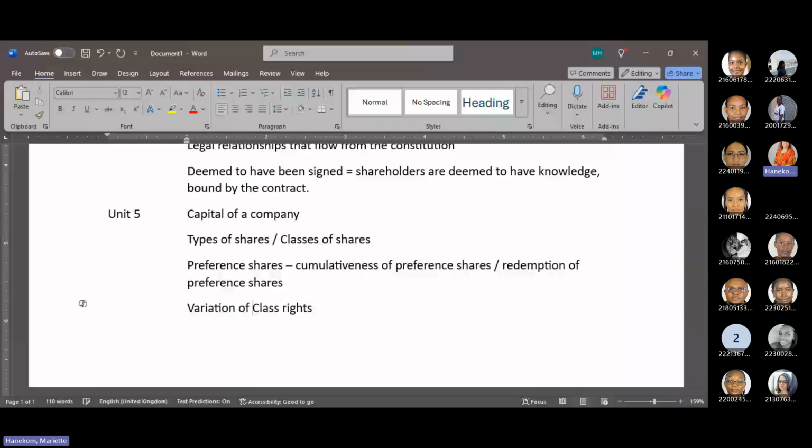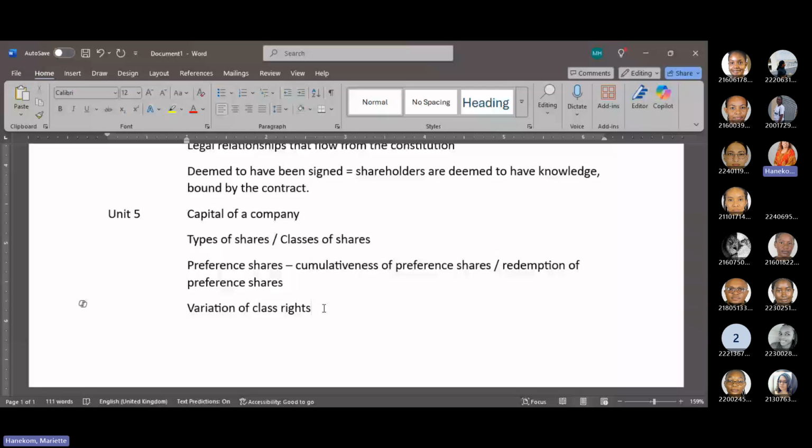Class rights can be changed. In order for class rights to be changed, the majority of the shareholders of that particular class must consent to the change.